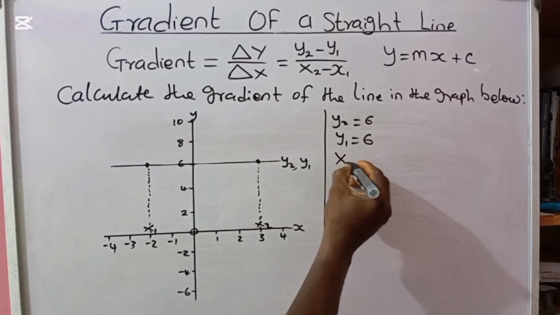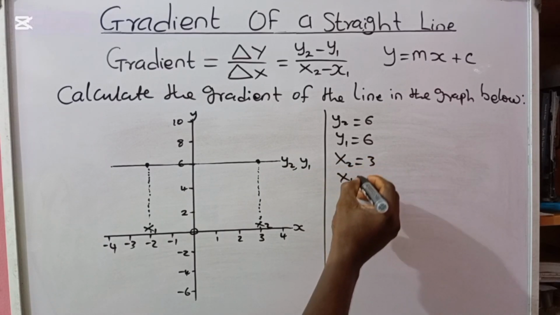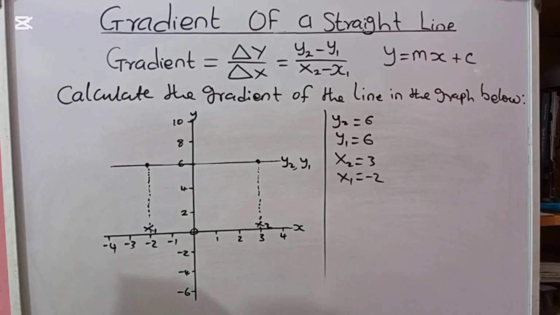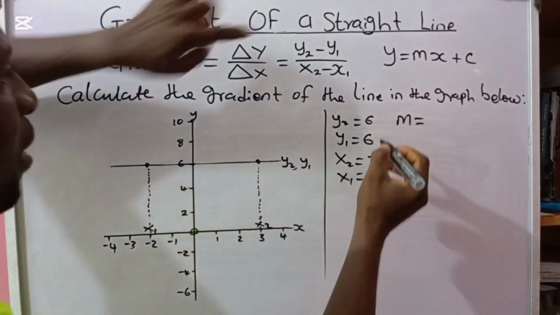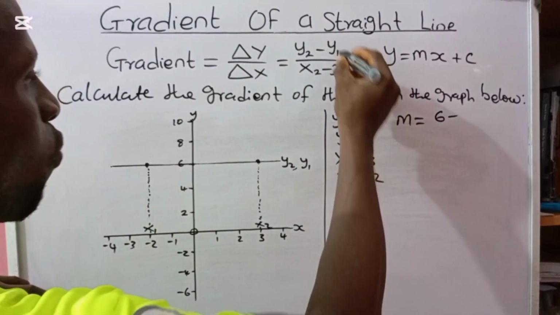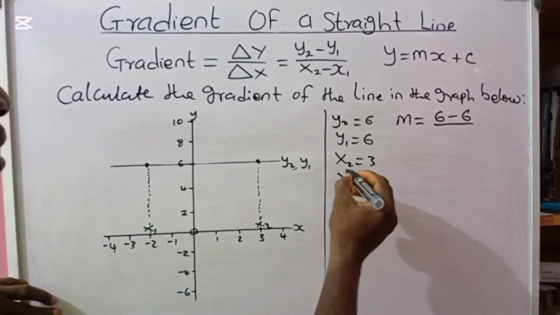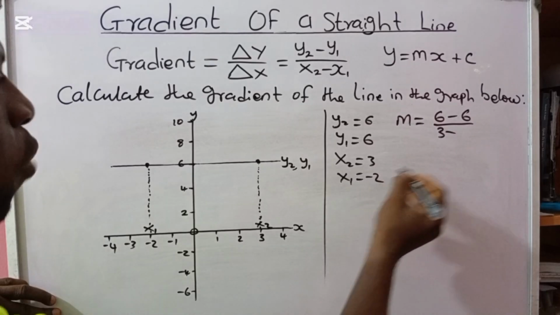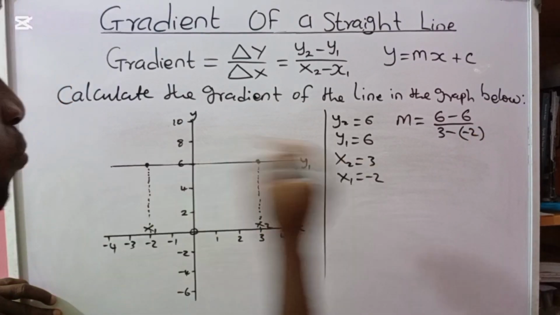x2 value here is 3. x1 value is -2. So how do we now calculate the gradient? Following the formula, y2 is 6, y1 is 6, all over x2 is 3 minus x1 is -2.